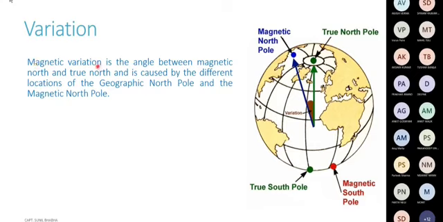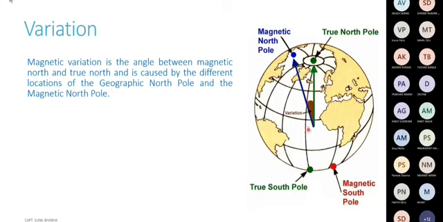Magnetic variation is the angle between magnetic north and true north, and it is caused by the different locations of the geographic North Pole or the true North Pole and the magnetic North Pole.